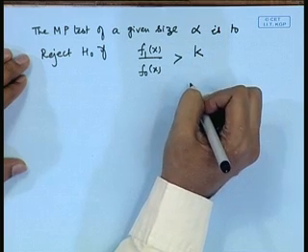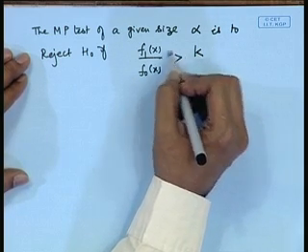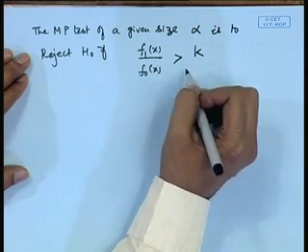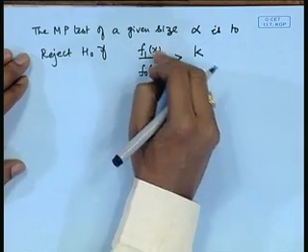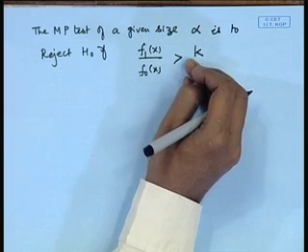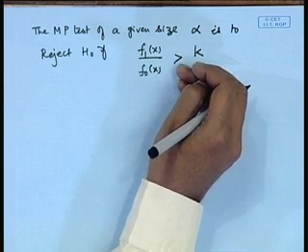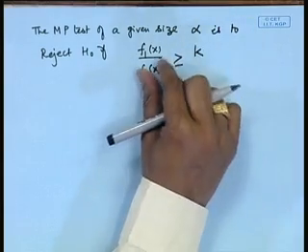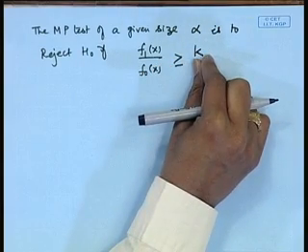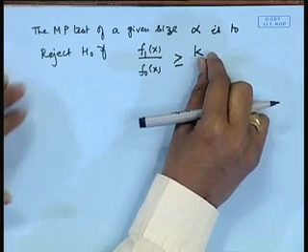Since it is a continuous distribution, we will be able to achieve the exact level alpha by a non-randomized test itself. So, we need not put here gamma for f1(x) by f0(x) equal to k. We may just consider f1 by f0 greater than k or greater than or equal to k, it does not make any difference here, because the probability of the equality will be equal to 0 for the case of a continuous random variable.